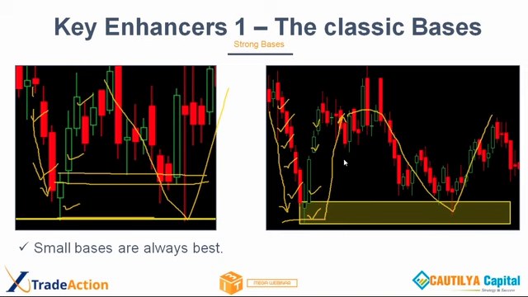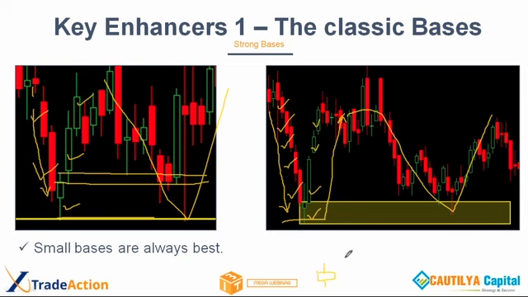All of you, do you recollect that a base candle can also be an extended range candle? A base candle can also be an extended range candle. A base candle can be like this. A base candle can also be like this.